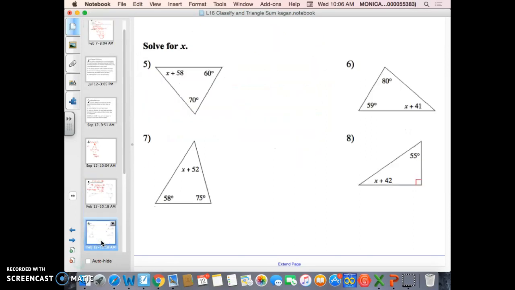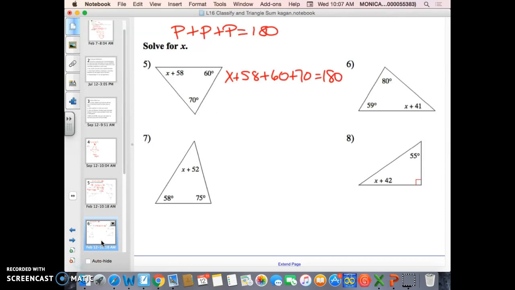Let's move on to numbers 5 through 6. For 5 through 6, you want to solve for x. And again, we're looking at part plus part plus part equals 180 because there's a total of 180 degrees in a triangle. So if I were to set up this equation, it would be x plus 58 plus 60 plus 70, and all that's going to equal 180.